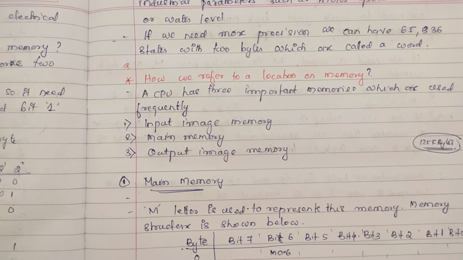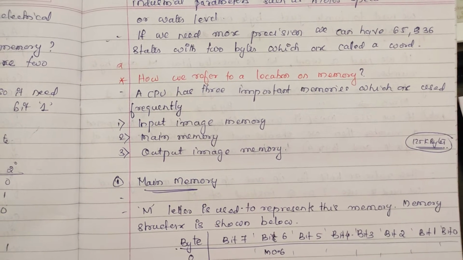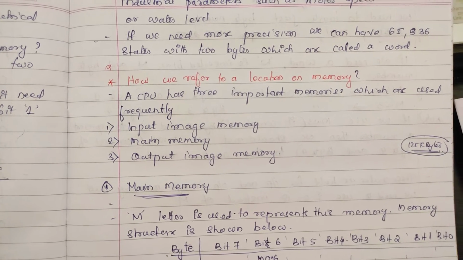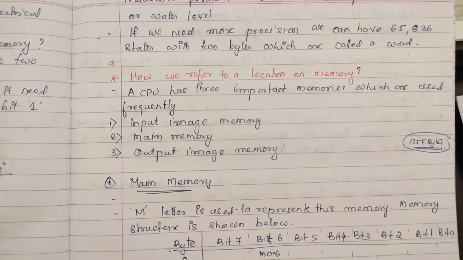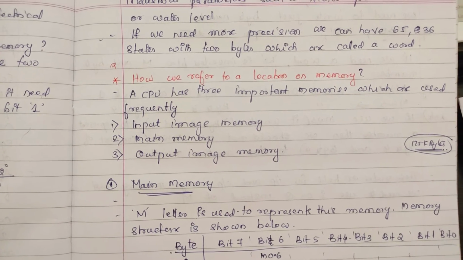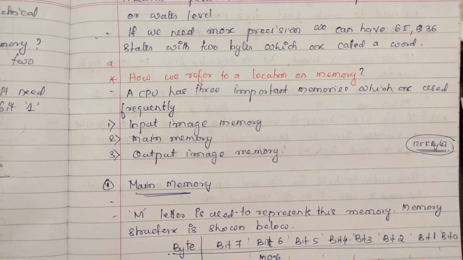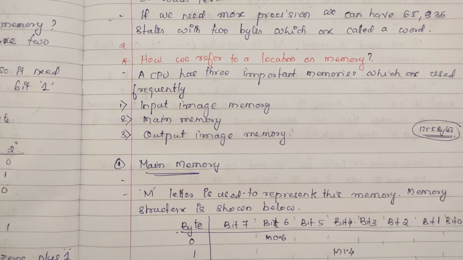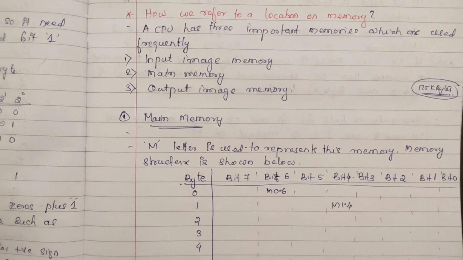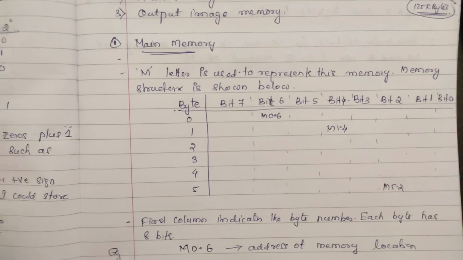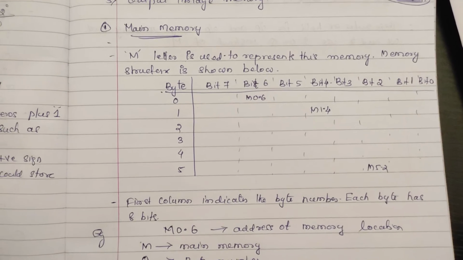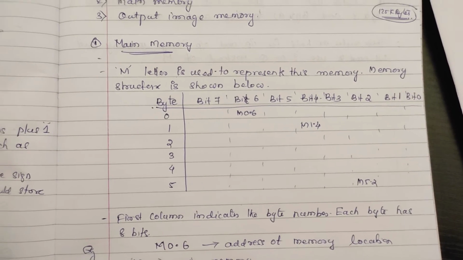Next is how we refer to a location in memory. There we have to go for addressing, right? The CPU has 3 important memories which are used frequently. First is input image memory, second is main memory, and third is output image memory. If I talk about main memory, only the representation will change, and the remaining theory will be the same for input and output image memory.